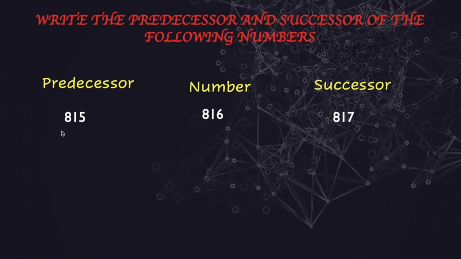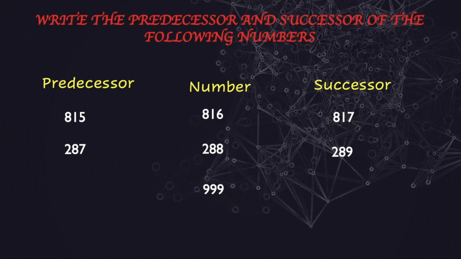The hundreds place remains same. Next one, 288. What is the predecessor of 288? It is 287. Successor 289. Next one, 999. 999 is also the greatest three-digit number.